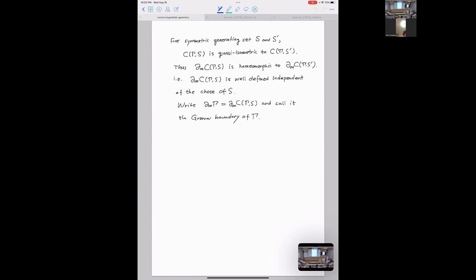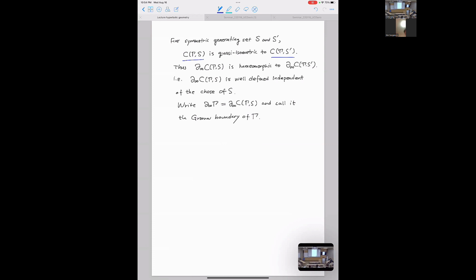So the Cayley graphs of gamma with S and S prime are quasi-isometric. Because of that, if you have a hyperbolic group, meaning the Cayley graph is hyperbolic, you can define the group boundary of the hyperbolic space, the Cayley graph C(gamma, S).